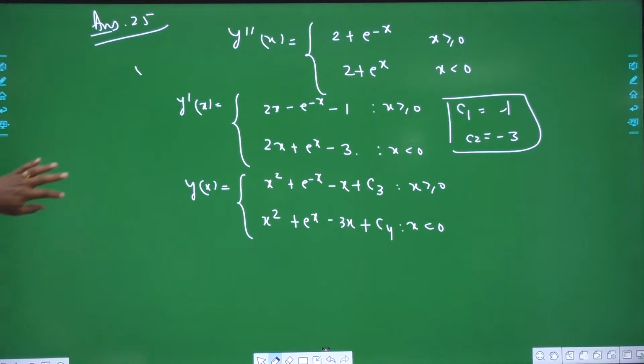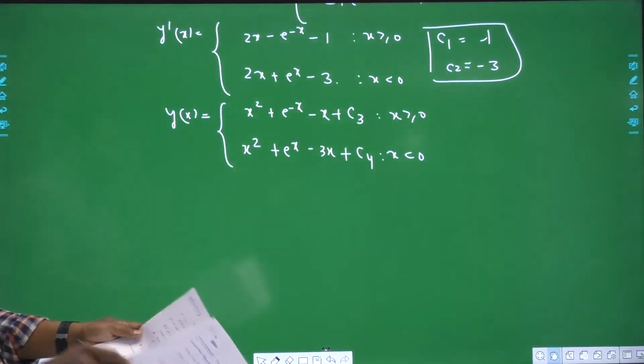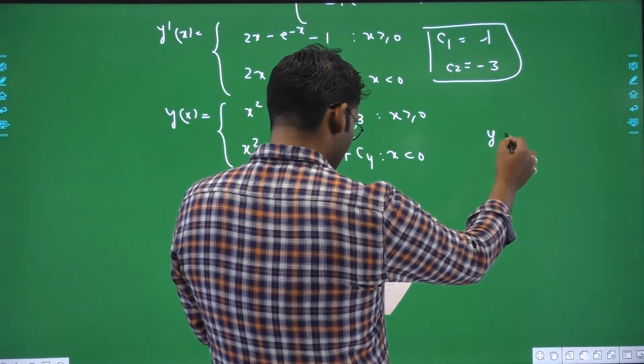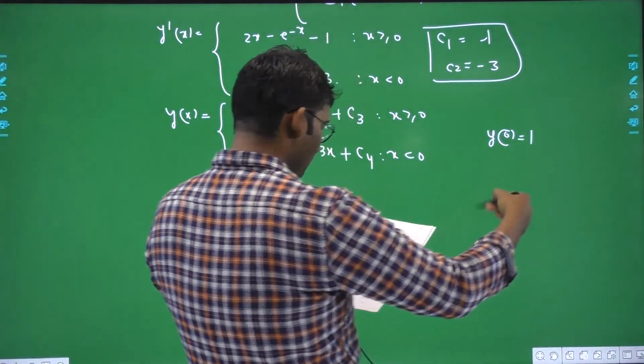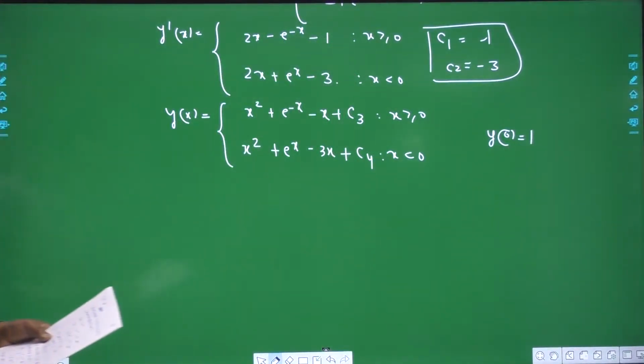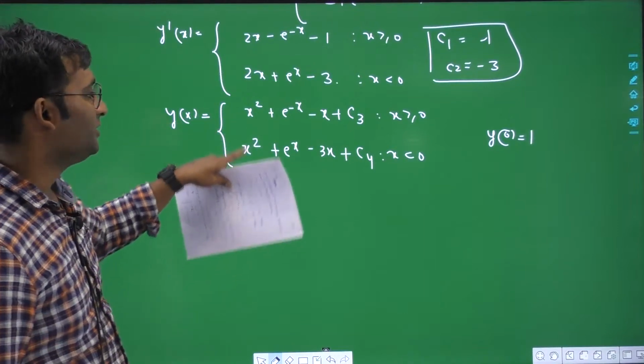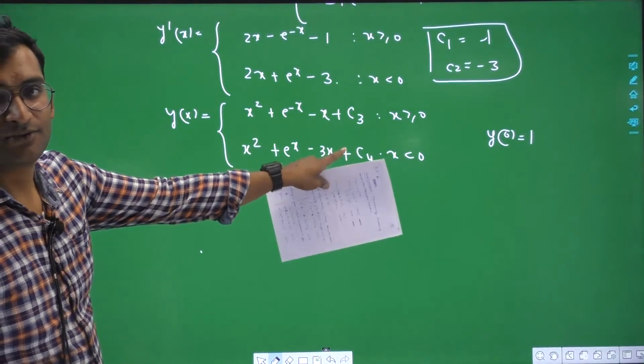अब देखिए आपको क्या पता करना था? अच्छा, okay. Now again, if you apply the initial condition that is given, y(0) equals 1. If you apply these conditions, since y(x) is continuous, for 0 plus and 0 minus you will have the same value.